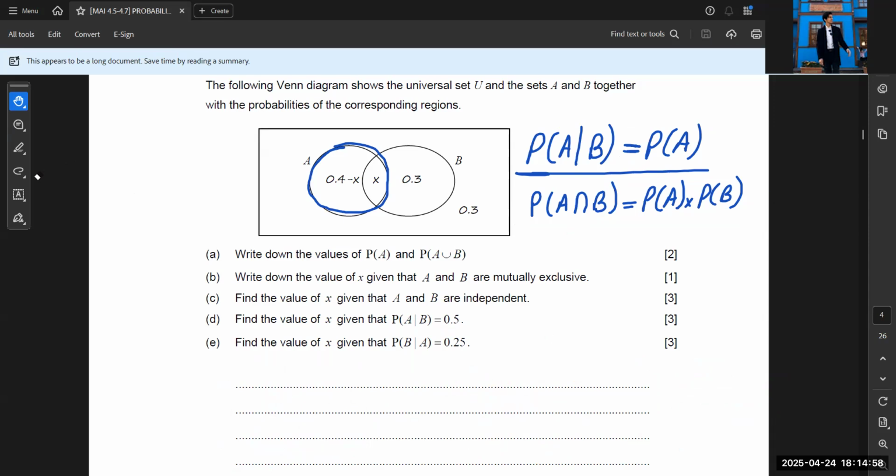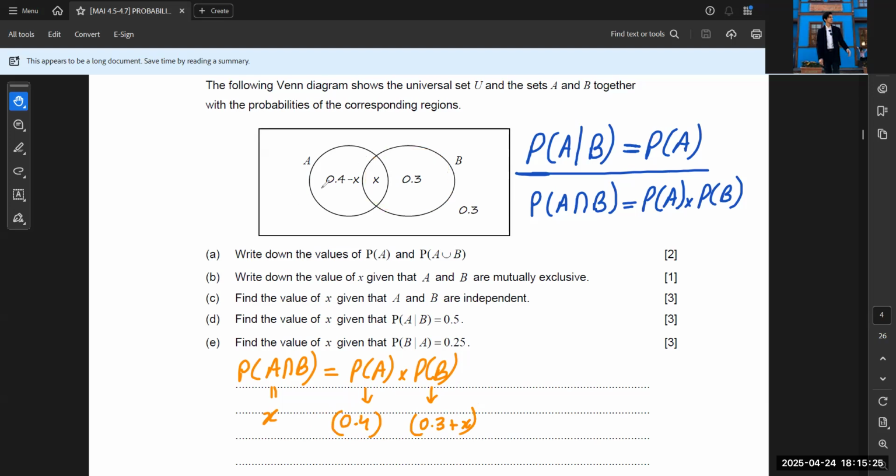So if I use the other formula, which says that the probability of their intersection must be the same as their individual probabilities being multiplied together, I can find this using the Venn diagram. It's simply x, isn't it? It's just x, the intersection part. And P of A is 0.4 and P of B is 0.3 plus x, right?